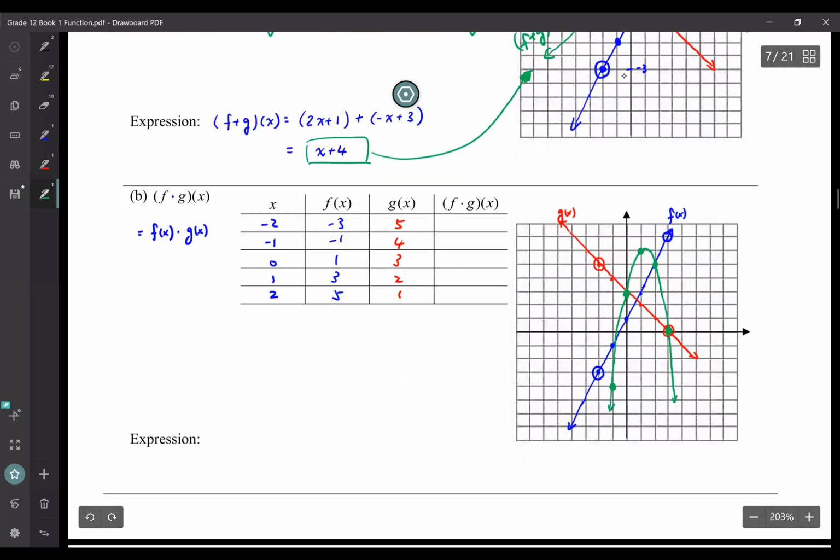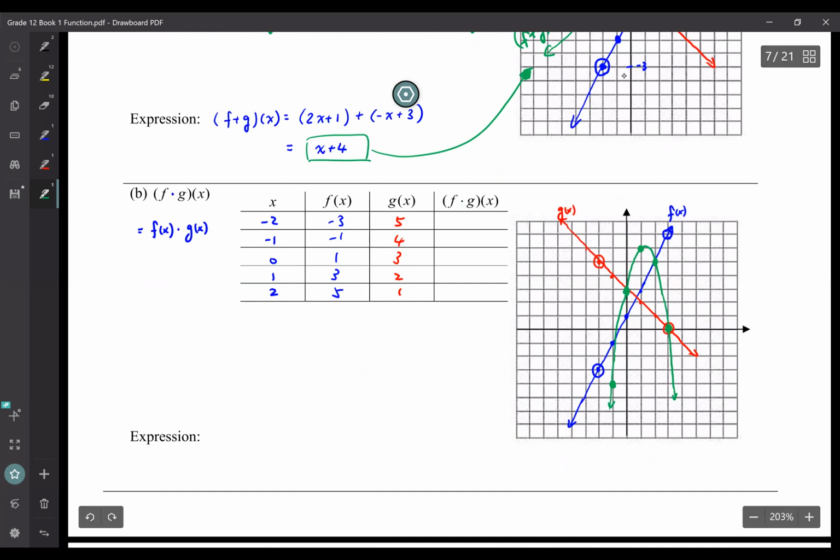So let's fill in the table here. Some of them will go off the graph, but that's okay. So -15, -4, -1 is -4. This one is 0. Sorry, this one is 3.